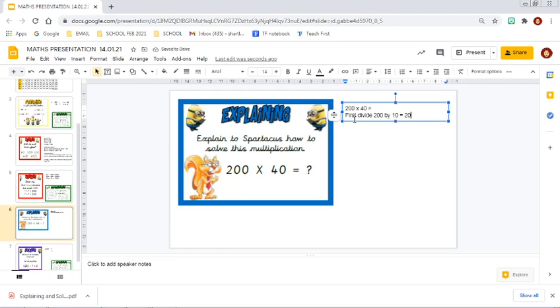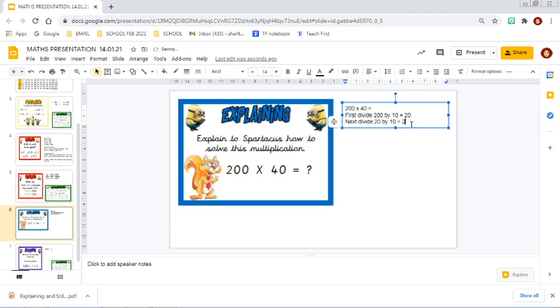Then you might want to do that again, so you might want to then say next divide 20 by 10, which equals 2.